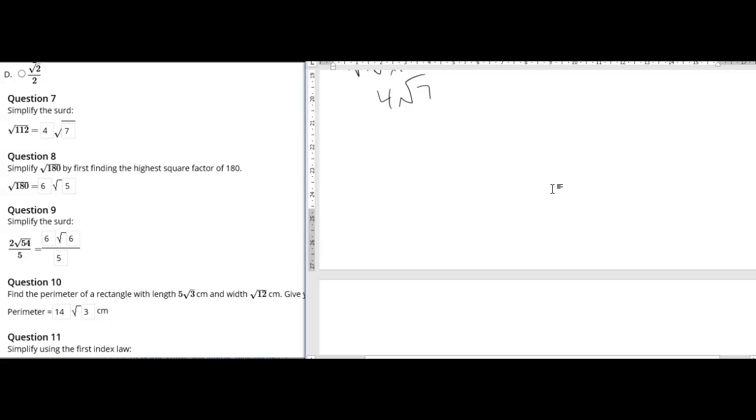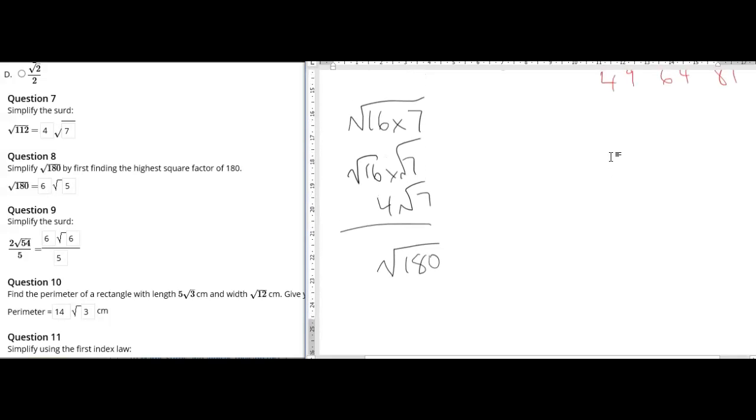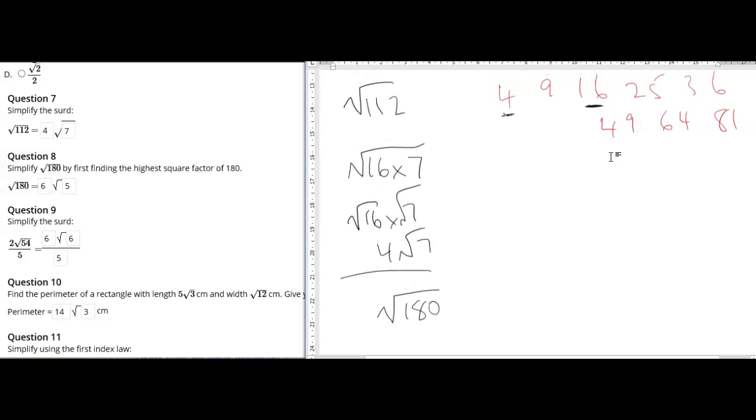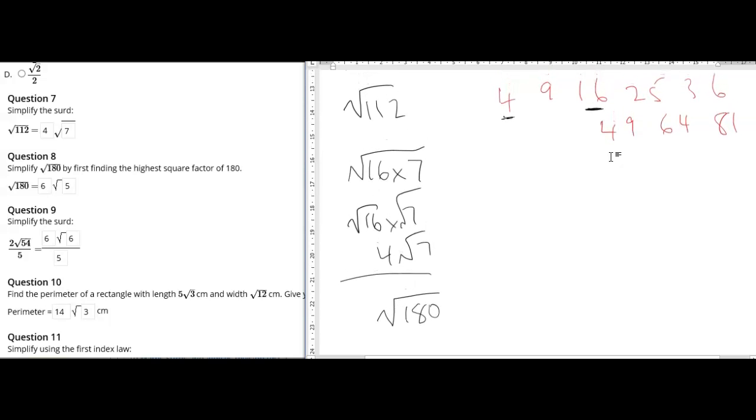Okay, next one, question 8. Simplify the square root of 180 by finding the highest square factor of 180. I'm not going to rewrite the square numbers. Here they are. 4 goes in, and I'm just going to cheat here because I can see the answer.